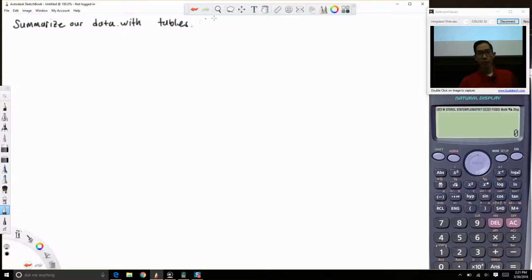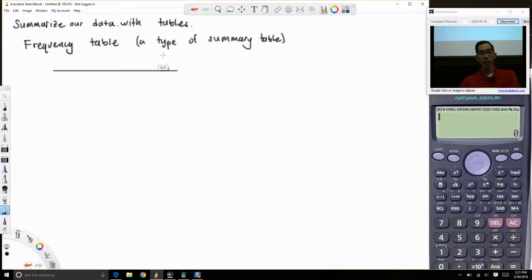So the first way we are going to look at this is the frequency table. Okay, it's just a type of summary table. And so what we can do is we can take our entire data table for the class and just boil it down to just a few rows here, okay?